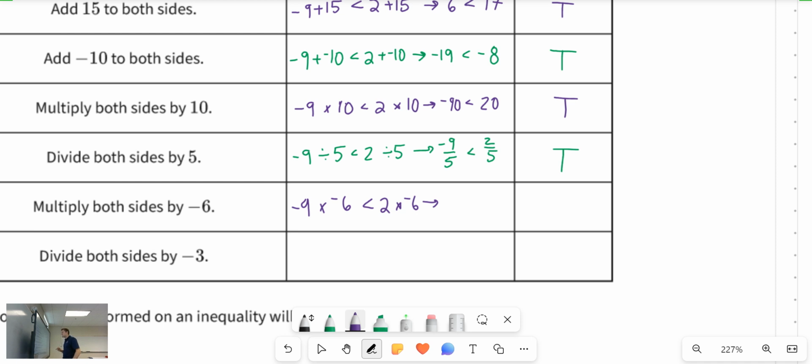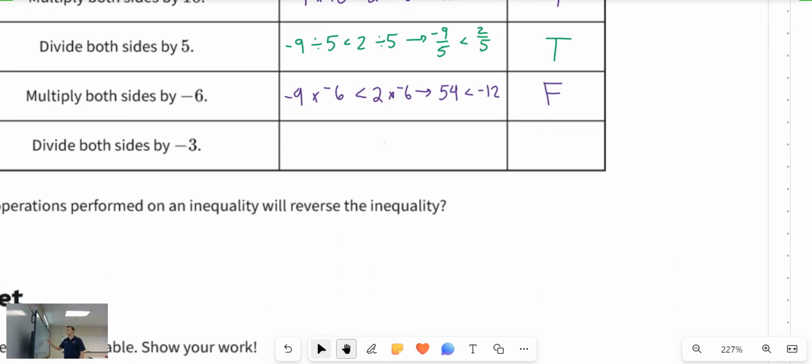And that's going to become, what's -9 times -6? That is positive 54. And then what's 2 times -6? That's going to be negative 12. Is 54 less than negative 12? It's not, actually. All right, so that one didn't work.